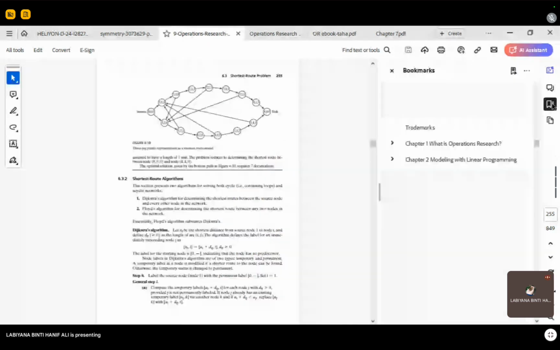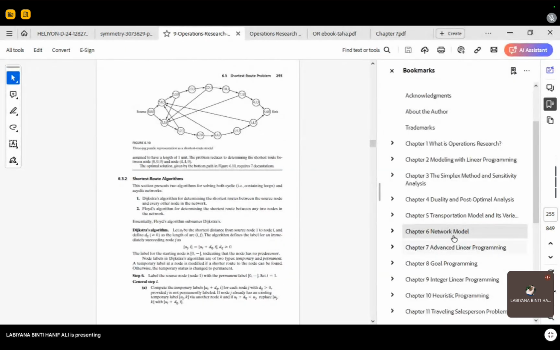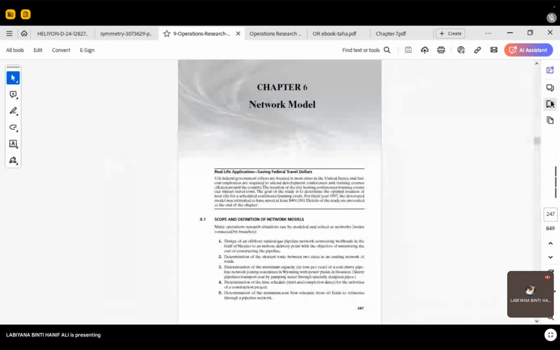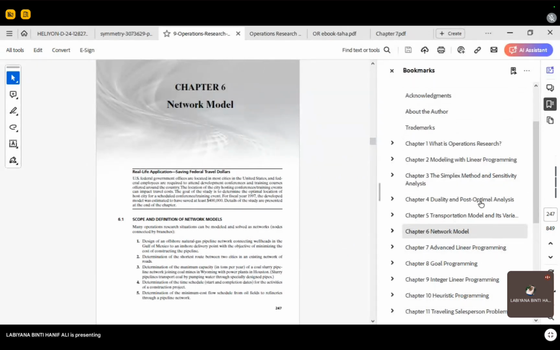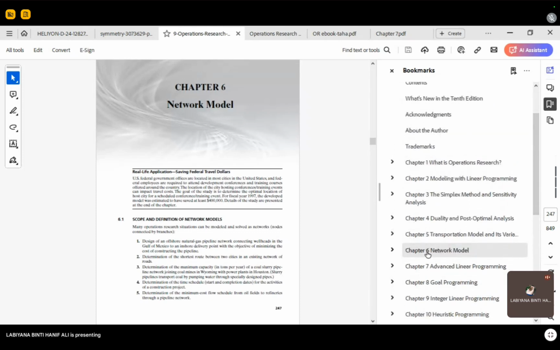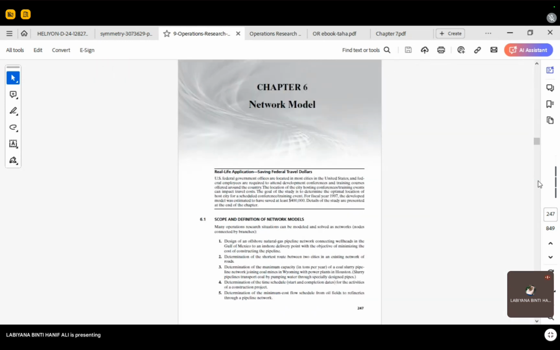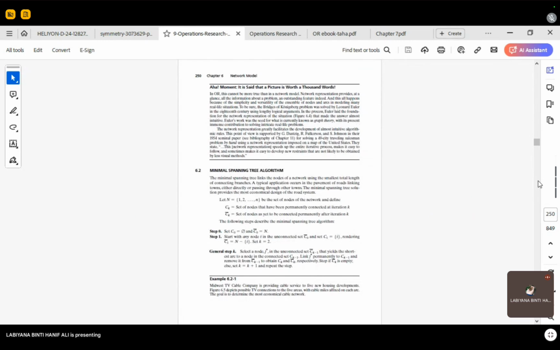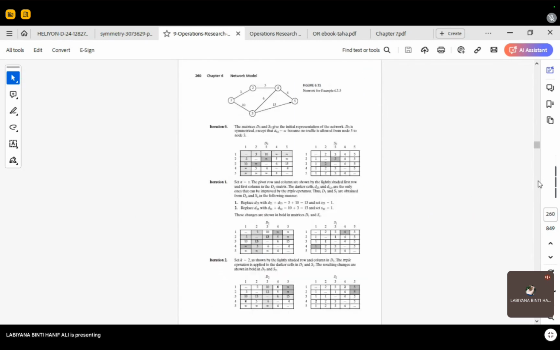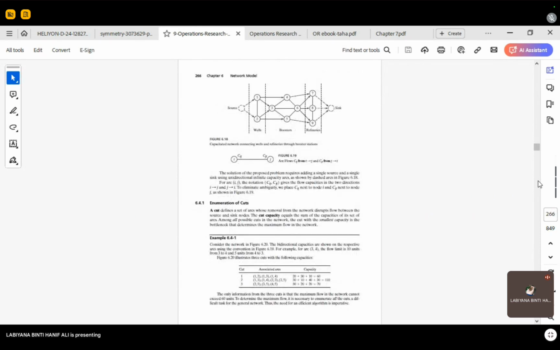So for this chapter, you can look into chapter 6, network model. You click the bookmark, so it will show you every chapter in the OR book. You click chapter 6, network models. So here, we can get all the notes. For this chapter, you go to exercises.